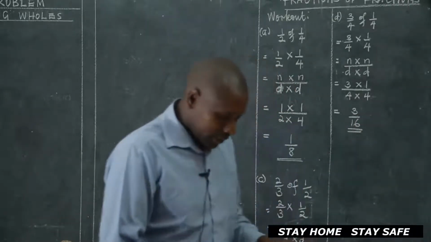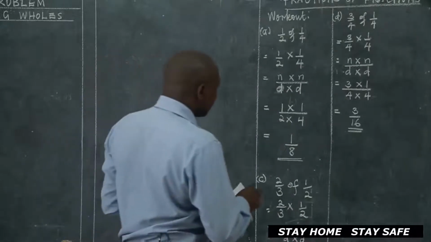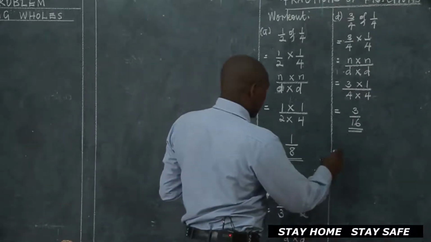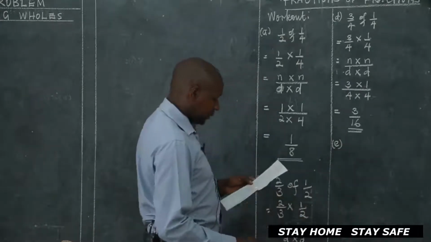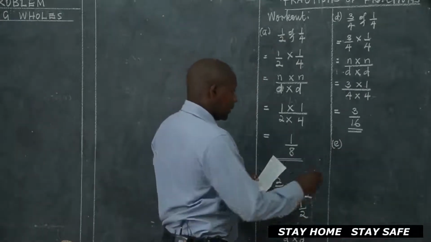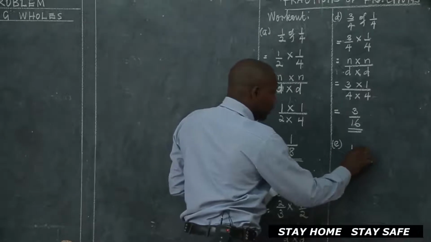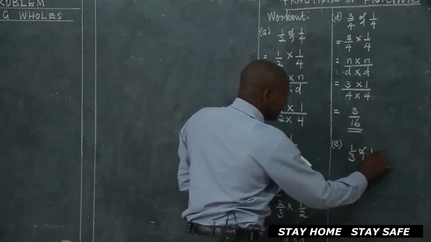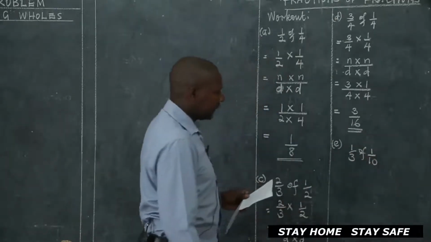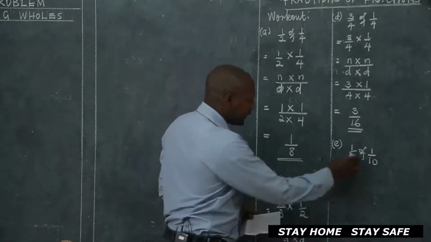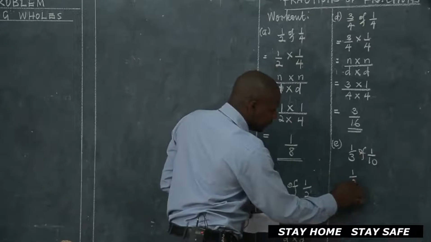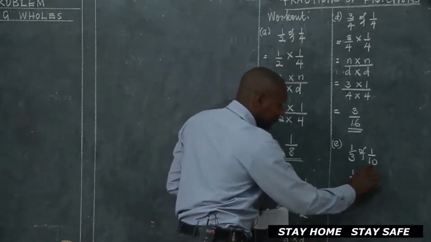Very good. Allow me to answer the last number, which was part E, if I'm not mistaken. Check your activity. And we had 1/3 of a 10th. If it is 1/3 of a 10th, interpret "of", then this gives you 1/3 times a 10th.